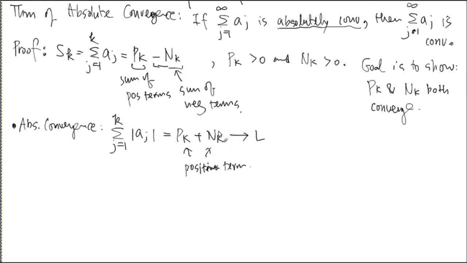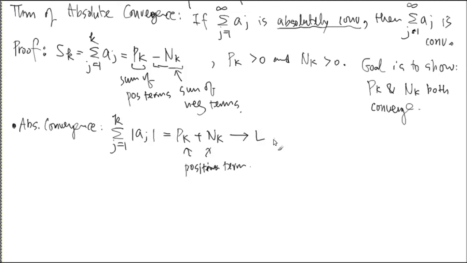Does that make sense? We assume this converges. Good? Absolute convergence means that this entire sequence converges. So pk plus nk converges. That's the absolute value of ak thing. That's right. This is the meaning of the absolute convergence. Is that good?